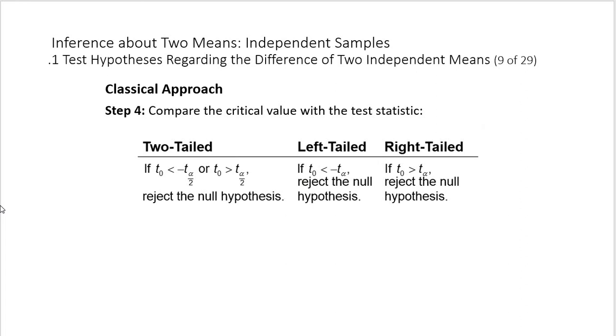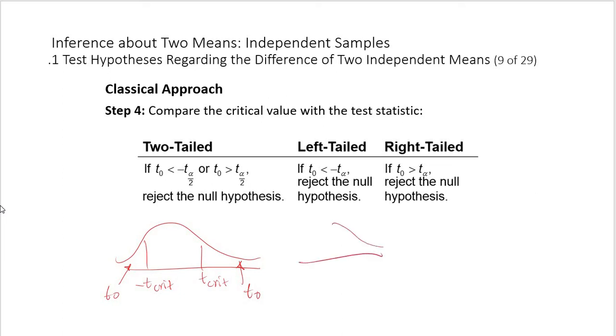And we're going to reach one of these conclusions. If we have a two-tailed test, with t-critical and negative t-critical, then if t naught happens to be greater than t-critical or less than negative t-critical, we're going to reject the null hypothesis. Otherwise, we're going to fail to reject the null hypothesis.